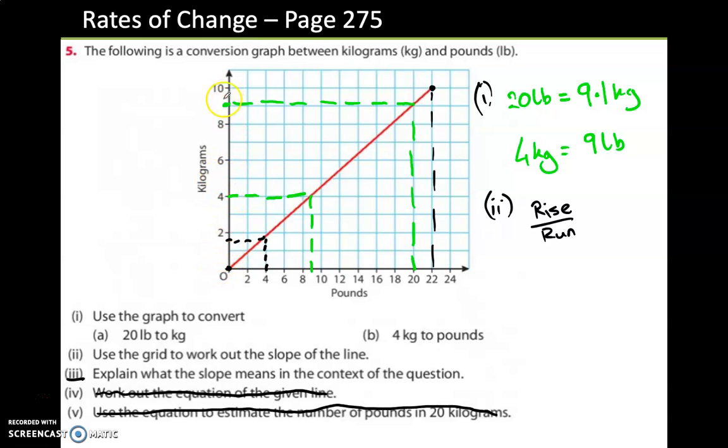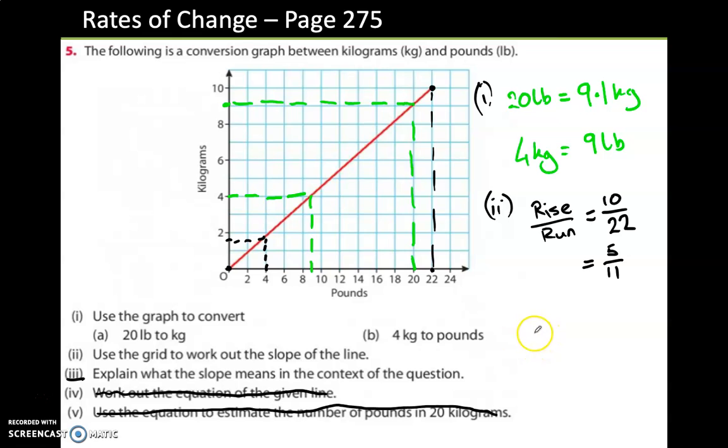That's really nice, exactly what we're used to. So it's 10 because it's going up 10 boxes and each box counts for a kilo, or 1. But for your run, each box actually counts for 2, okay? So it's 11 boxes across to get from the 0 to here at the 22. Each box counts for 2, so it's going to be 10 over 22. This can simplify to 5 over 11.